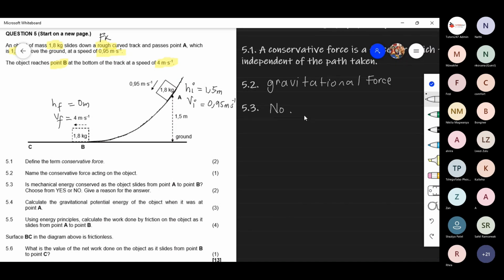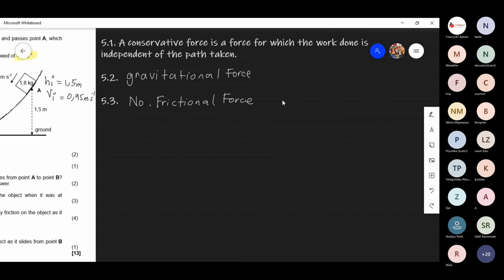They said give a reason for your answer. So you'd get 1 mark for stating no, and your second mark would be to state frictional force is present. Okay, so that would give us our 2 marks.